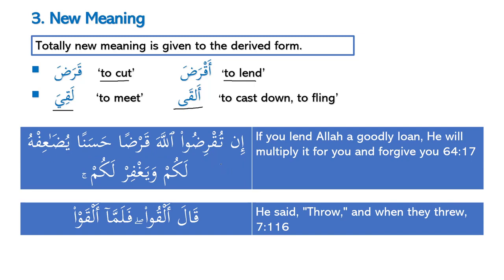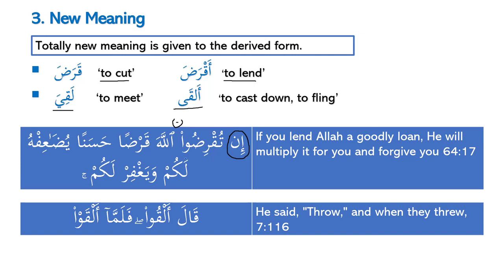Now 2 things we need to know over here. Number 1, we are dealing with bab number 4, which is aqrada yuqridu iqradan. So tuqridu is basically tuqriduna. So why is tuqridu majzoom over here? The noon has been dropped. Does anyone remember? Because of in. We know in is adatu shart and tajzimu fi'lain, and it makes two verbs majzoom.